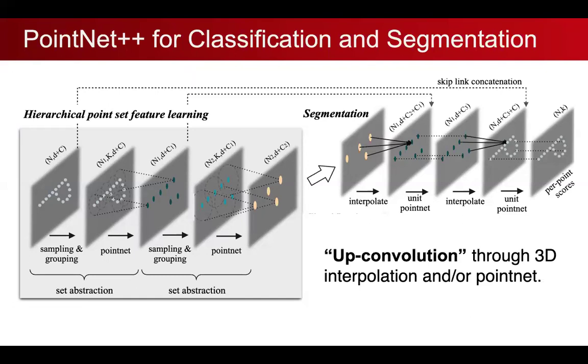And so we go from the hierarchical local regions backwards to the resolution of the initial point set. And in that sense, we can segment in the same way we could with vanilla PointNet, but take advantage of the more powerful semantic abstraction of the hierarchical point set feature learning.